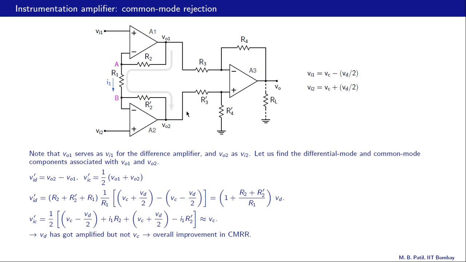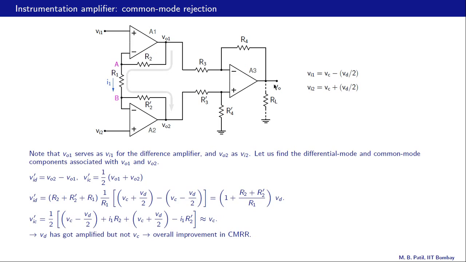Okay, so we have come up to this point, and now we want to see what the output voltage of the instrumentation amplifier is. Let us take the simple case first, in which there is no resistor mismatch. So R4 and R4 prime are equal, R3 and R3 prime are equal. In that case, this is a perfect difference amplifier, and its gain is R4 by R3.